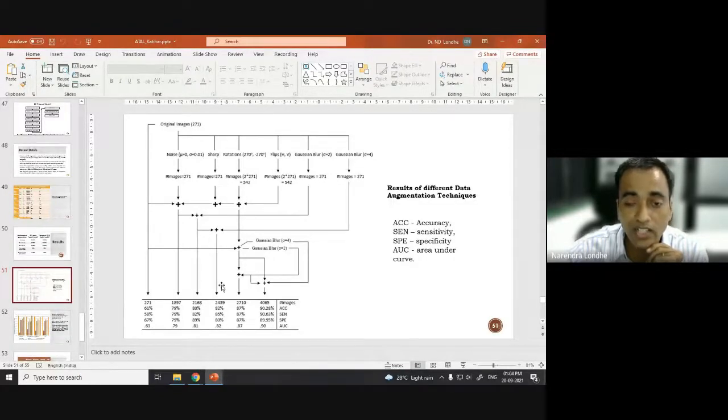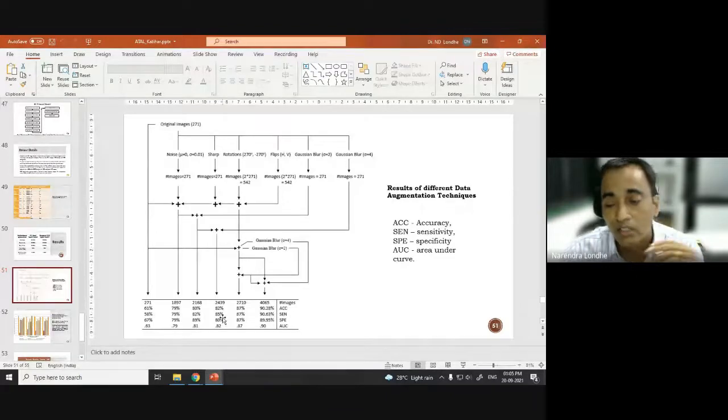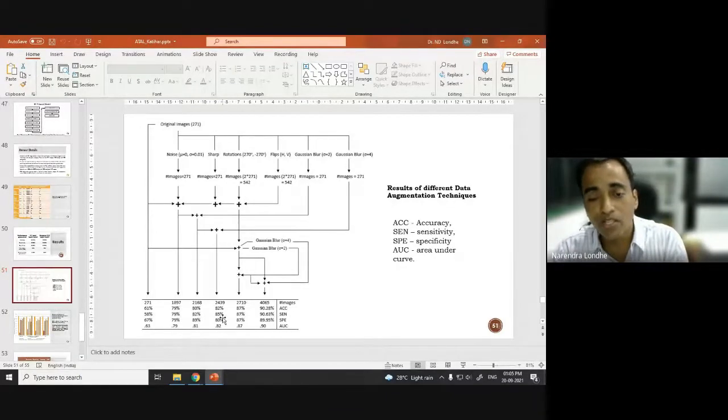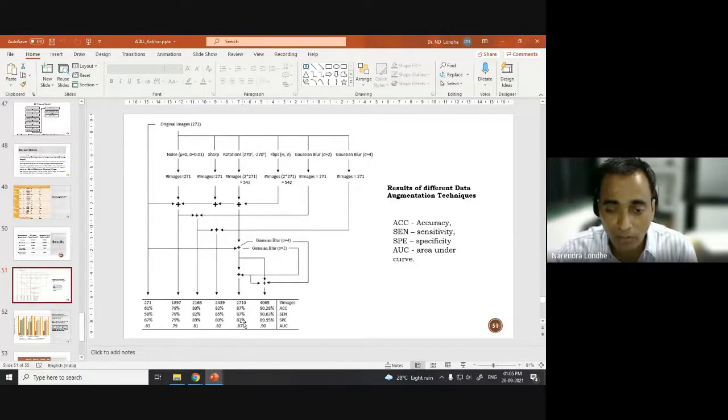We further increased with augmentation to 2439, and my performance starts to become consistent. Then I applied another augmentation method and increased my size to 2710, and my performance was 87. Then with another augmentation, my size is 4065 and my accuracy is close to 90%.